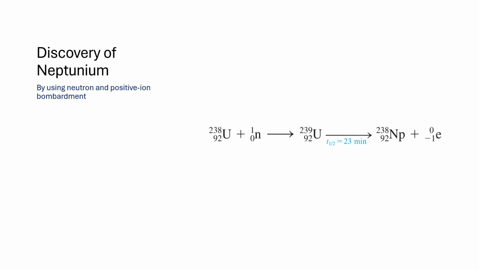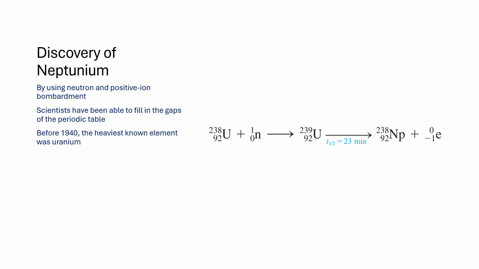One thing about these particle accelerators is that they also led to the discovery of neptunium. By using neutron and positive ion bombardment, scientists have been able to fill in the gaps of the periodic table. Prior to 1940, the heaviest known element was actually uranium.